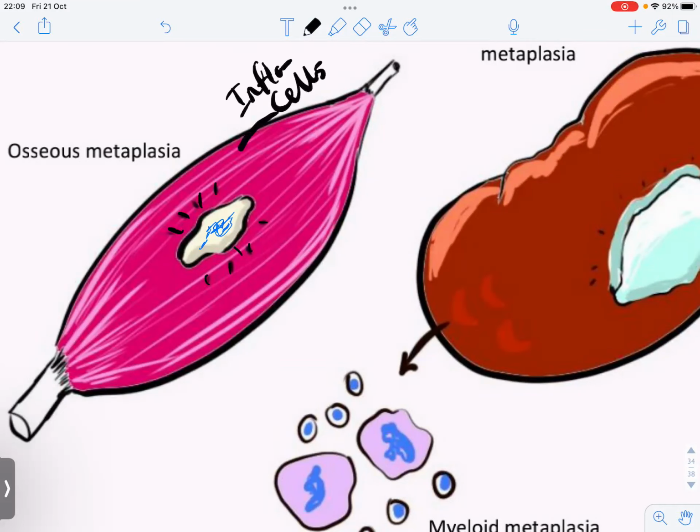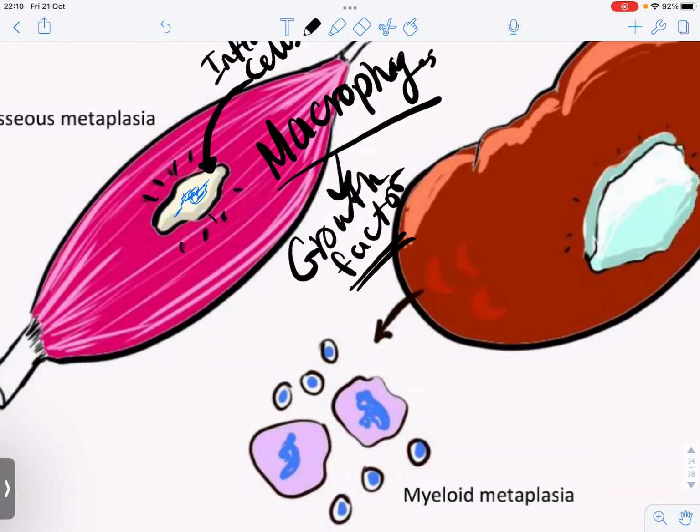But unfortunately, the macrophage can produce something called growth factor. Growth factor can lead to formation of bony tissue.